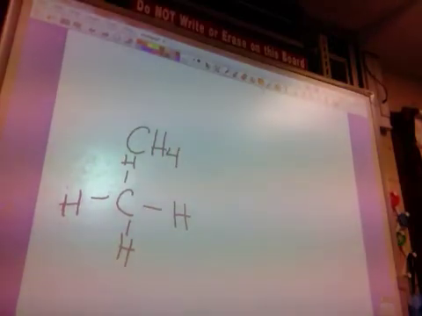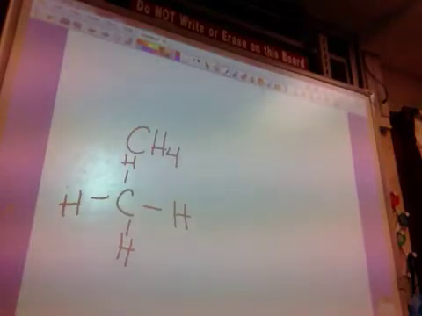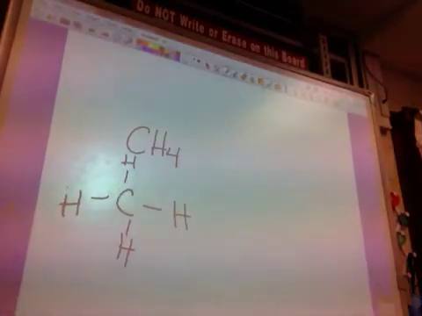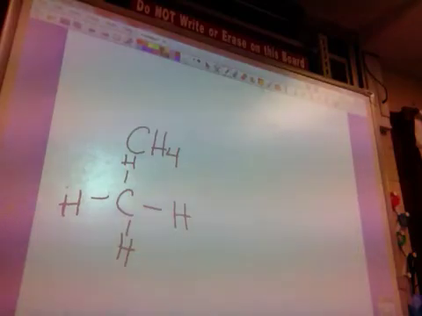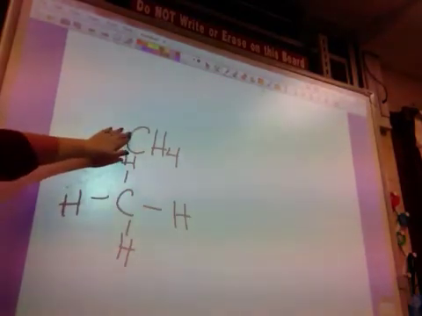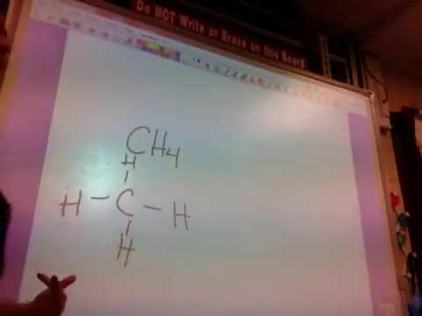Now, I need to determine what dipoles I have, or if I have any partial charges anywhere. So carbon and hydrogen. We did this bond together in class today. Carbon has a 2.55, hydrogen has a 2.2.